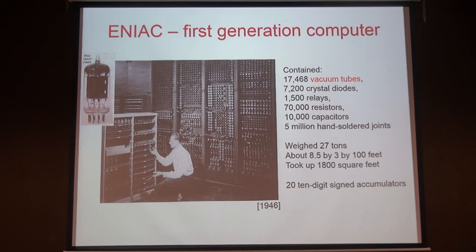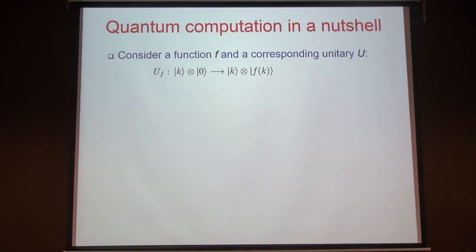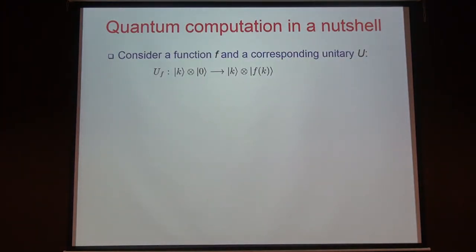It occupied a whole room and had thousands of vacuum tubes, but the task it could carry out is probably much smaller than what your cell phone can do. So we don't know when the first generation quantum computer will appear, but hopefully we can see it in our lifetime.